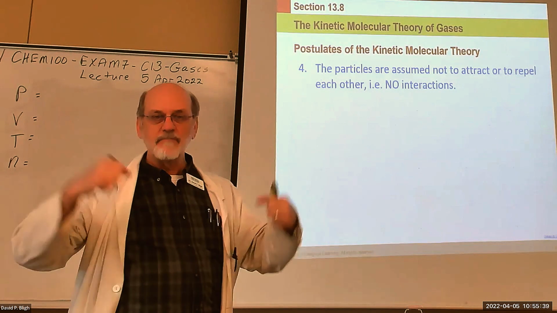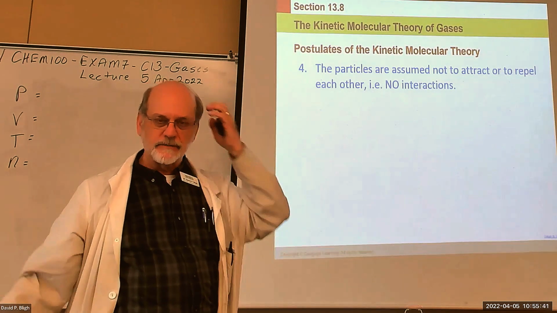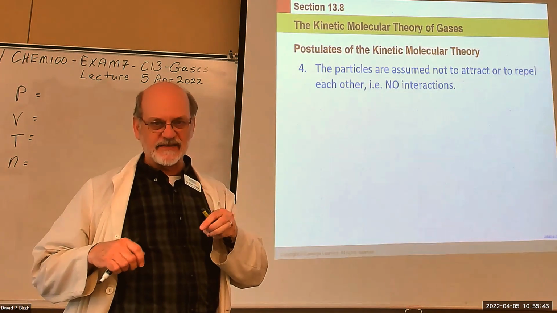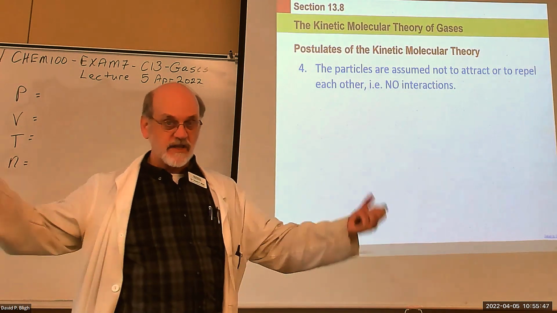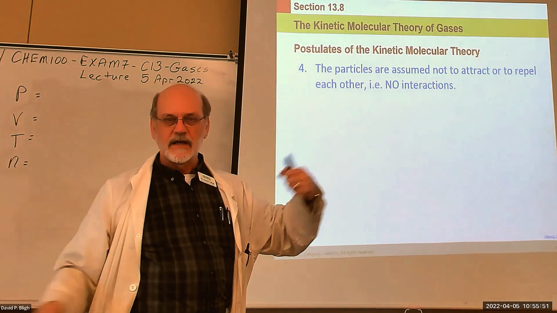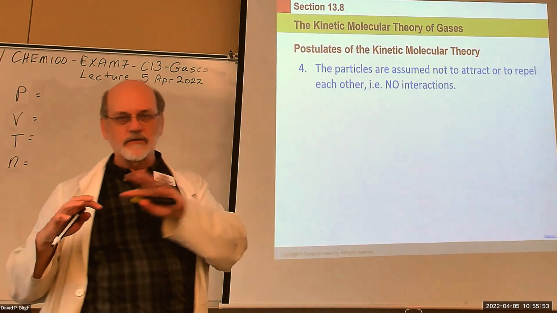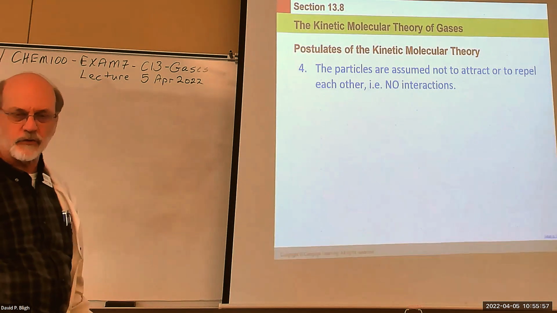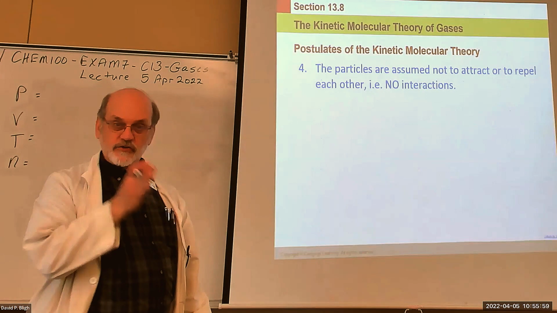In other words, they bounce off each other like billiard balls. Their collisions are completely 100% elastic. That is, the energy they come in with combined is the same energy they leave with. And there's no attraction, no repulsion involved whatsoever. Now we know that that's not true, but that's our starting point.